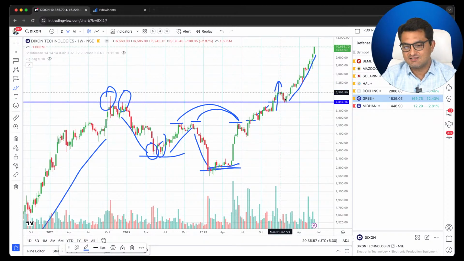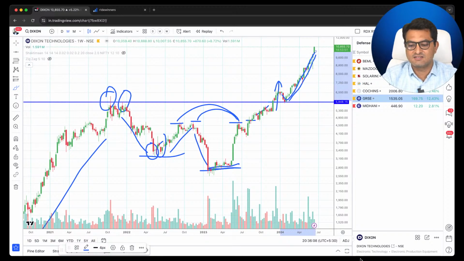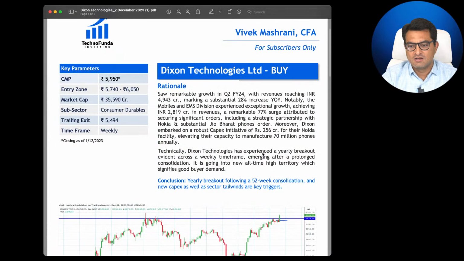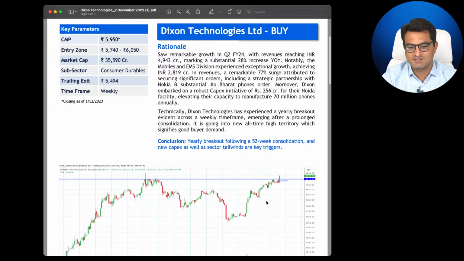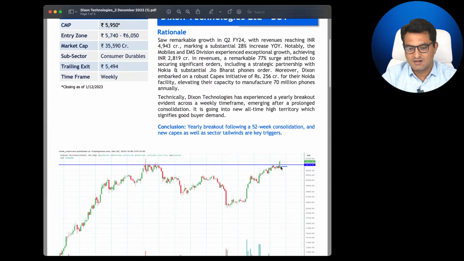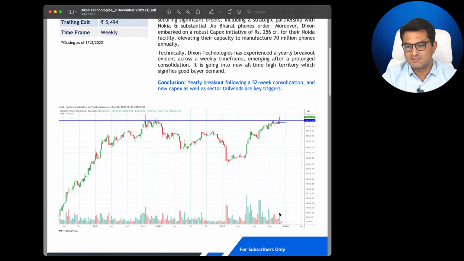You can see that the price exactly bounced from that same zone and then again started moving up. This is how you interpret support and resistance, and along with patterns it becomes really powerful. In our research firm, we spotted the same sub resistance. When it crossed, we understood that there is a lot of demand, along with the price volume action.